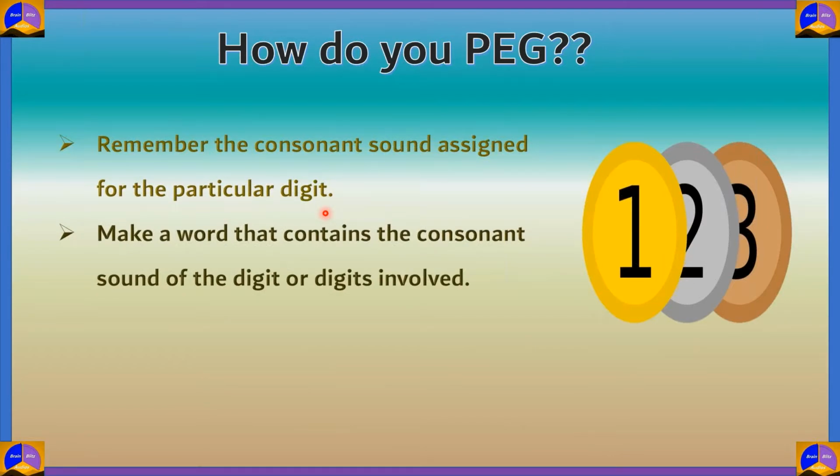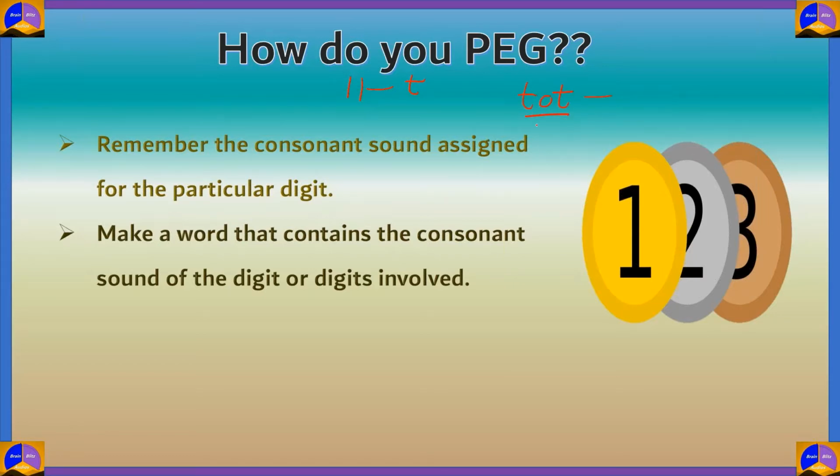The second task is to make a word that contains the consonant sound of the digit or digits involved. So in this case, for example, if you have the number 11 and the sound for 1 is t, the t sound, then you have to make a word such as taught, which means a baby.